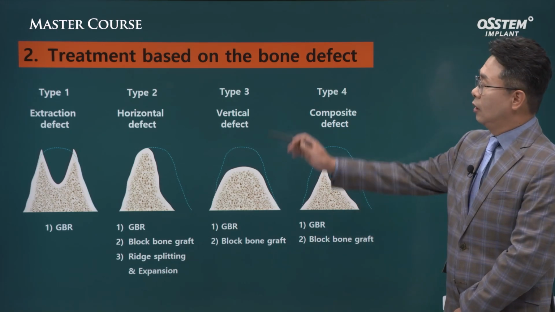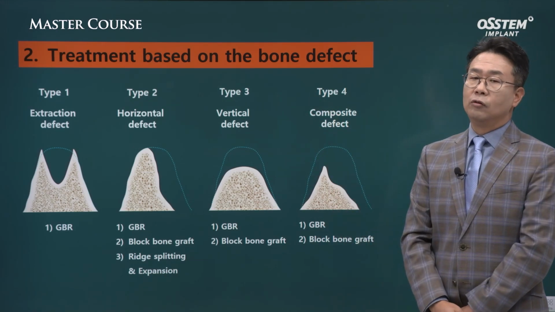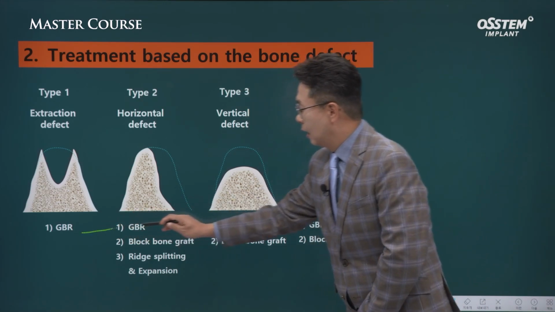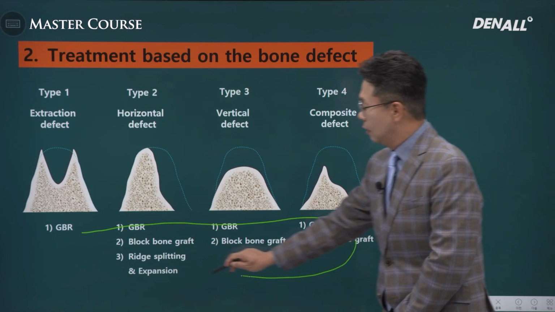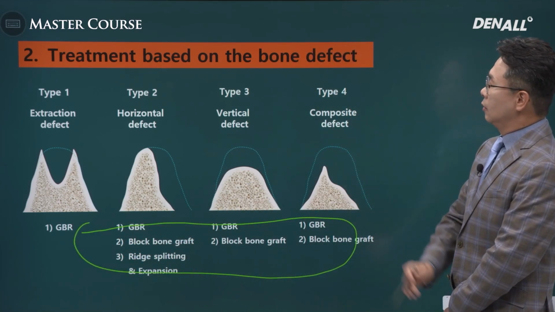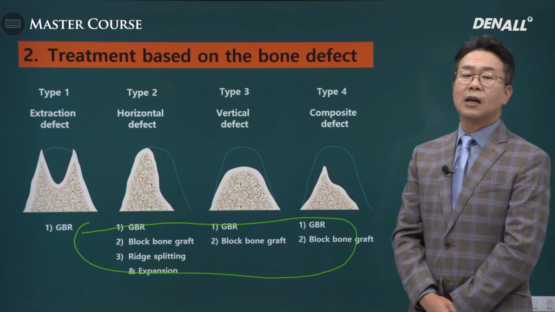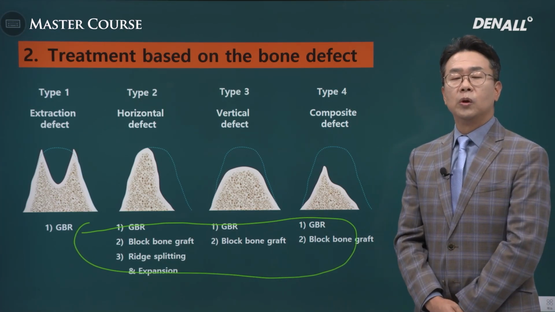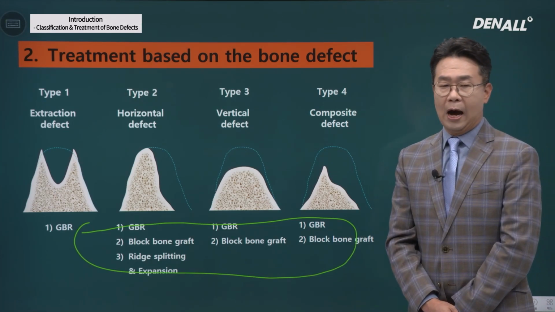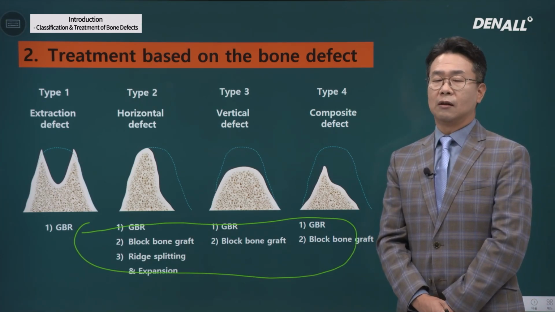As mentioned earlier, you need to provide a treatment following type 1, 2, 3, and 4. Yes, you may have a certain procedure that you may prefer, but you need to understand about guided bone regeneration properly in order to be able to provide good clinical treatment.